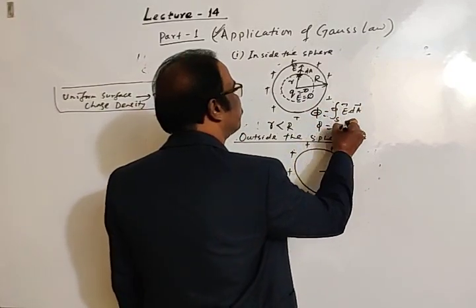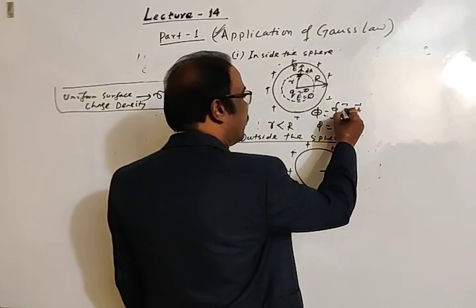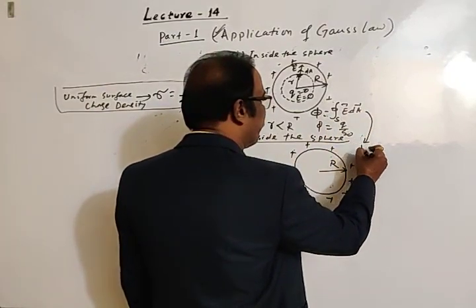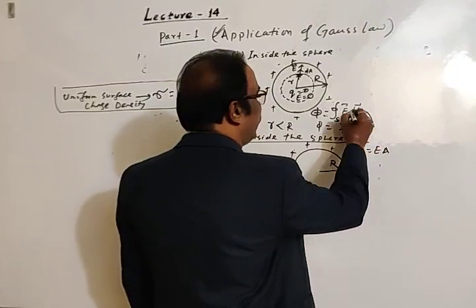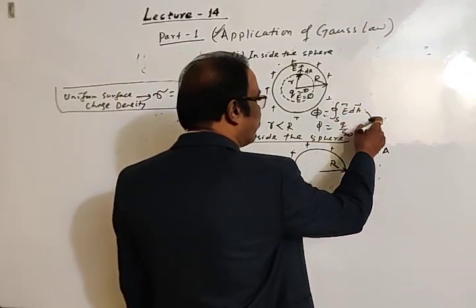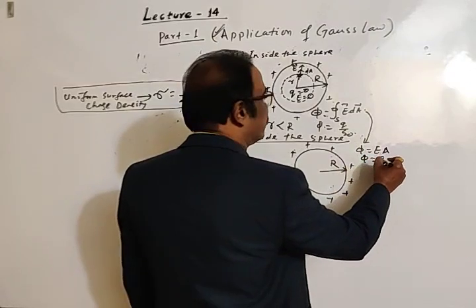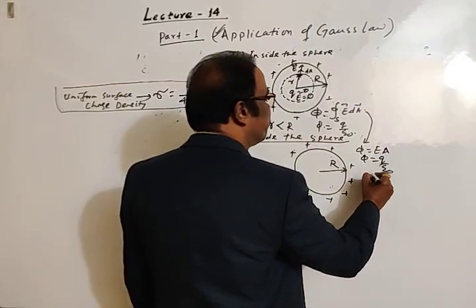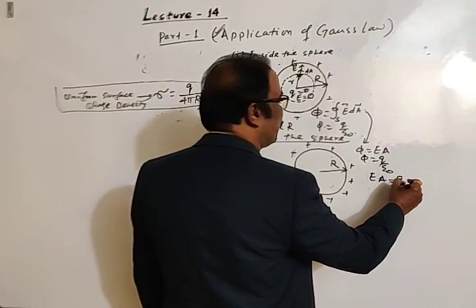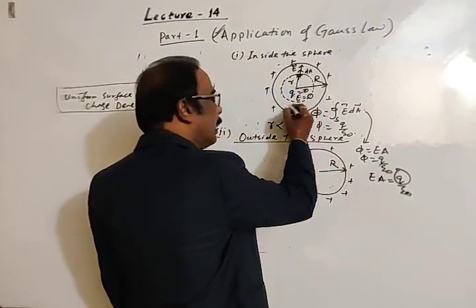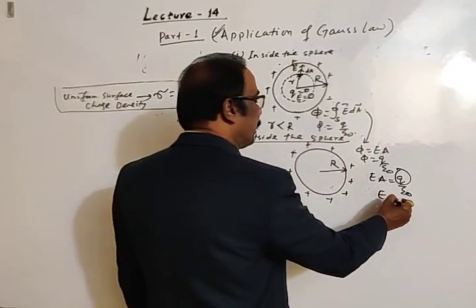Also, flux is Q divided by epsilon naught, and from this you will get flux equal to E into A, E dA cos 0. Integration of dA is A, and here flux is Q by epsilon naught, meaning EA is equal to Q divided by epsilon naught. Since charge is 0 inside the sphere, the electric field is 0.